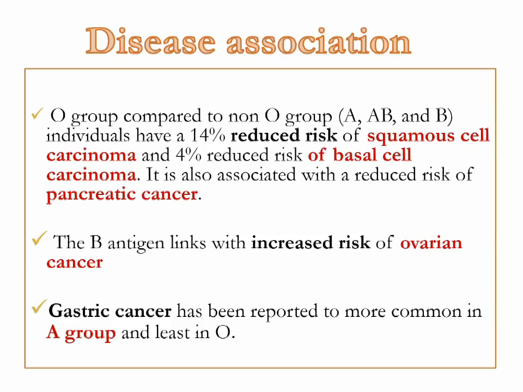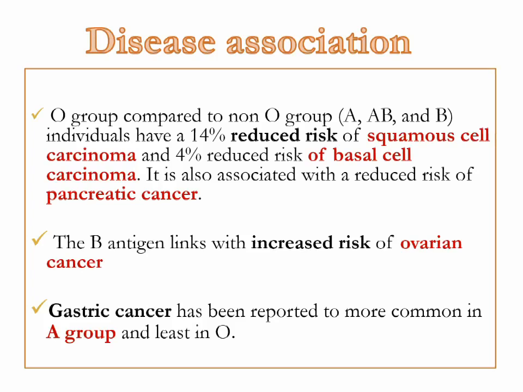Another topic we're going to mention is disease association, which means associating the blood type with certain diseases. This is not based on any scientific evidence, only on surveys and statistics, so it's not accurate. It says that the O group, compared to the non-O group individuals, have a 14% reduced risk of different carcinomas, squamous cell carcinoma, basal cell carcinoma, pancreatic cancer, and so on.